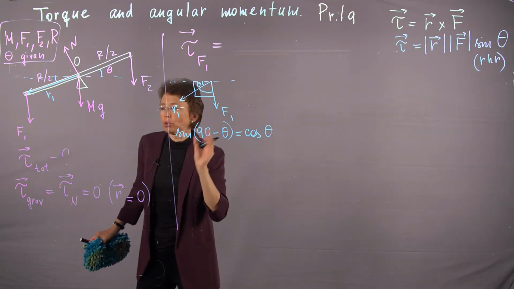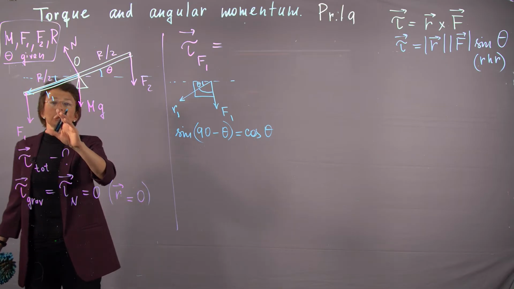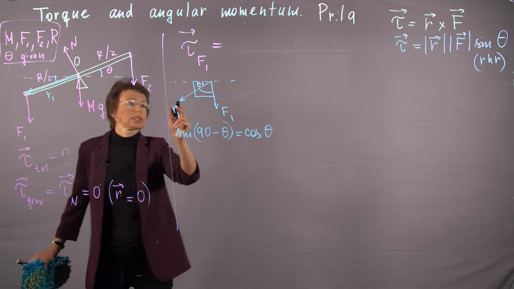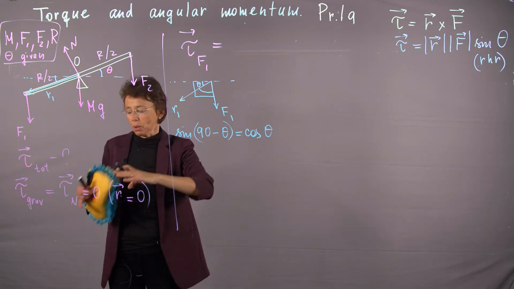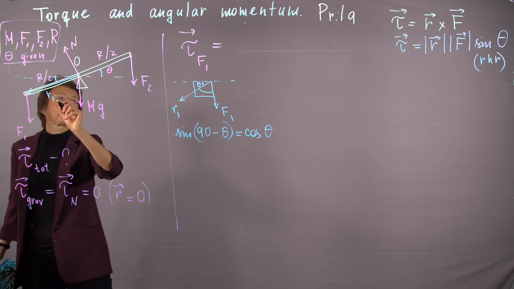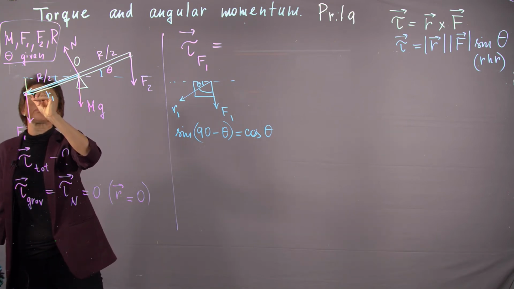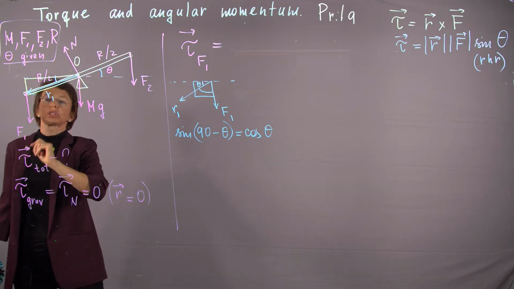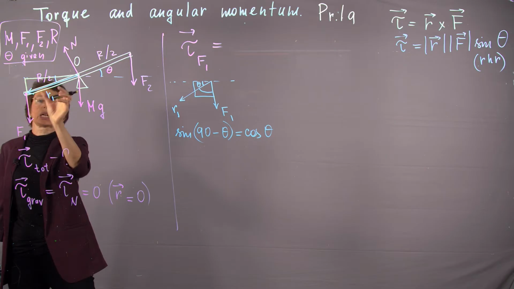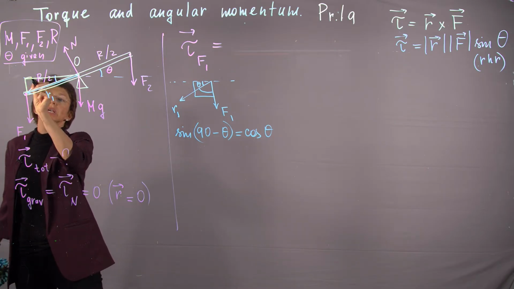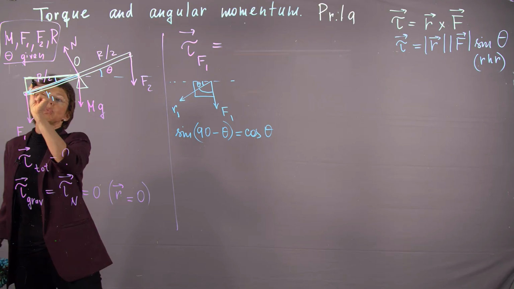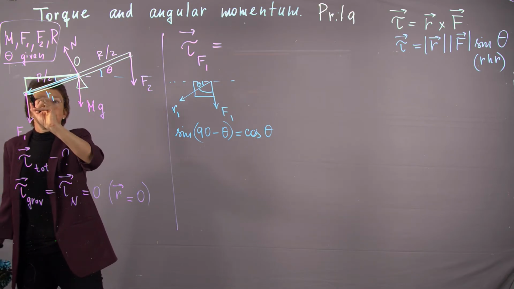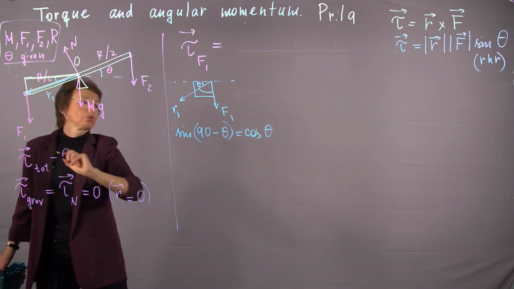So this is R. R has two components, one horizontal and another one vertical. Which component of R is perpendicular to F? It is the horizontal one. And we know the magnitude of this component.